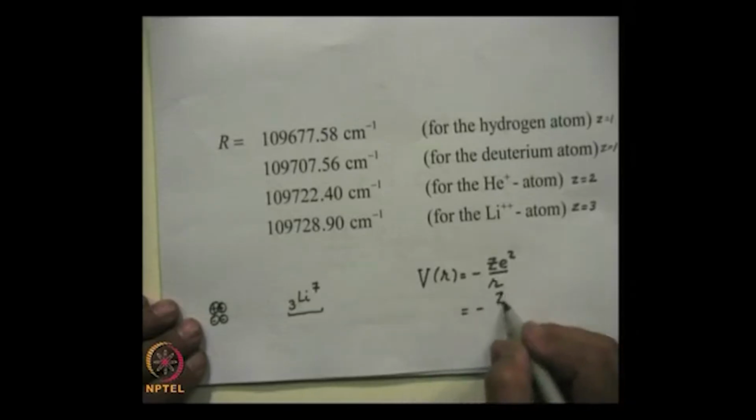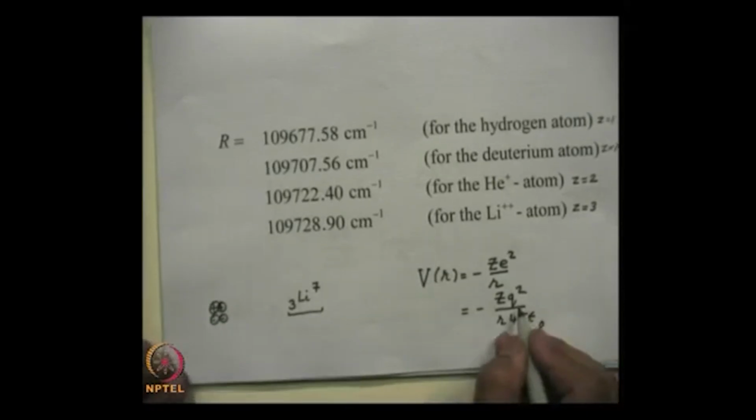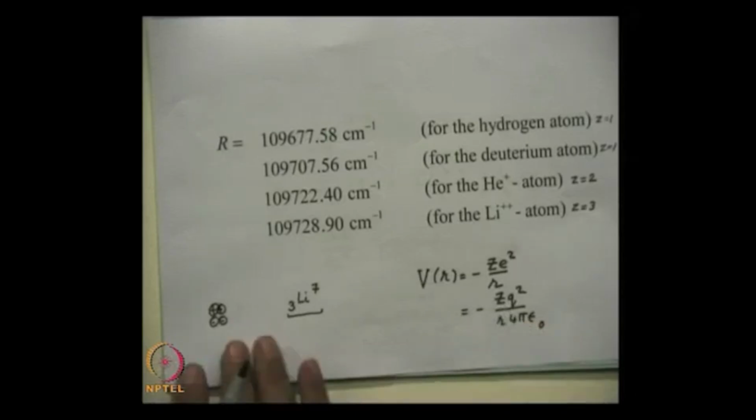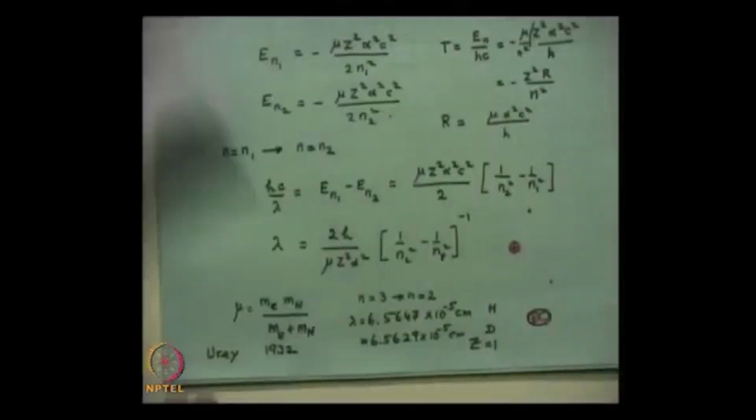In the MKS system of units, all I have to do is replace e square by q square by 4 pi epsilon naught. That is it. And q is the charge of the electron in coulombs, and Z is the charge of the nucleus. So, that completes the energy eigenvalue spectrum of a one electron atom.